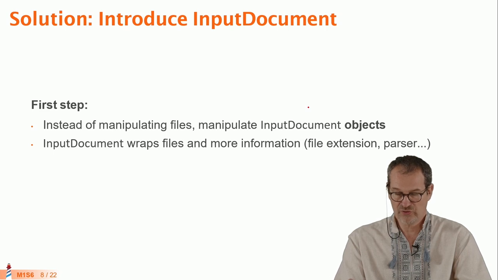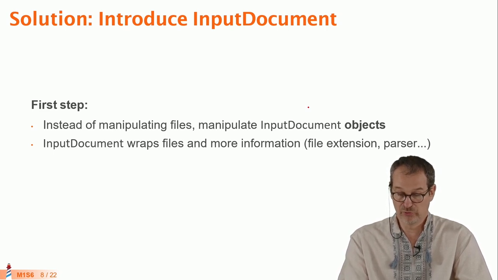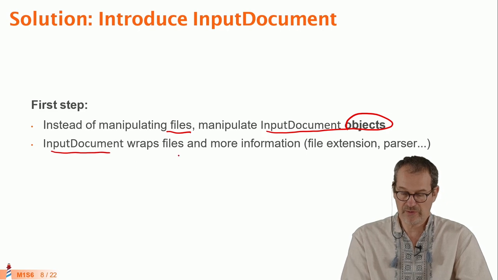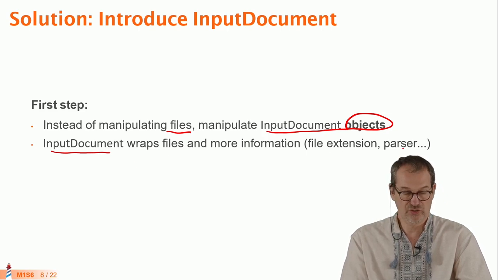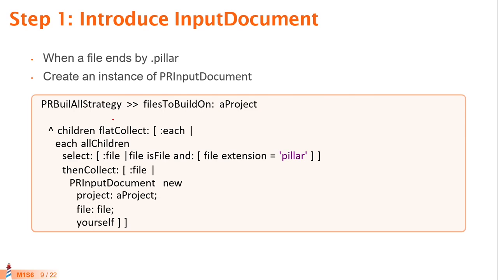The first step was to introduce the class input document. Instead of manipulating files, we want to manipulate objects. Input document just wraps the files and more information like file extension and parser. This was the code, for example, to identify the file that should be treated.